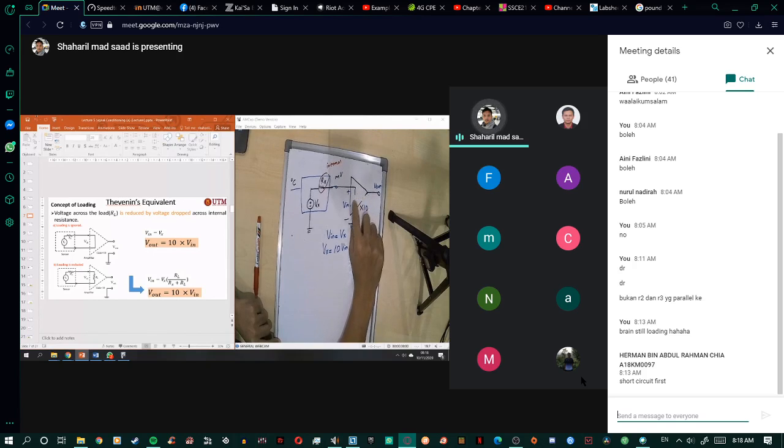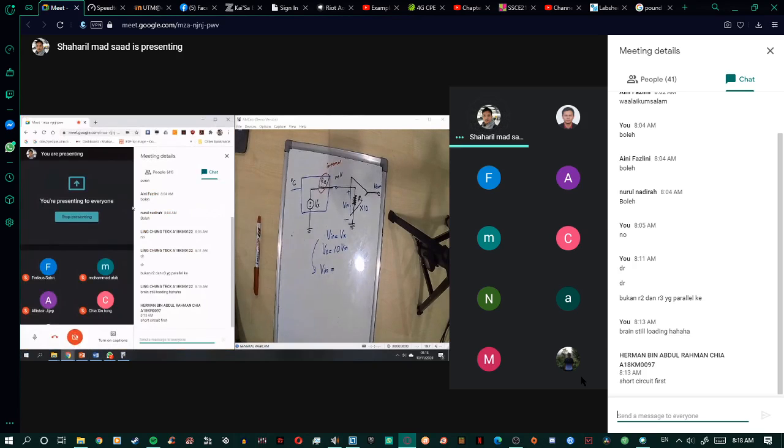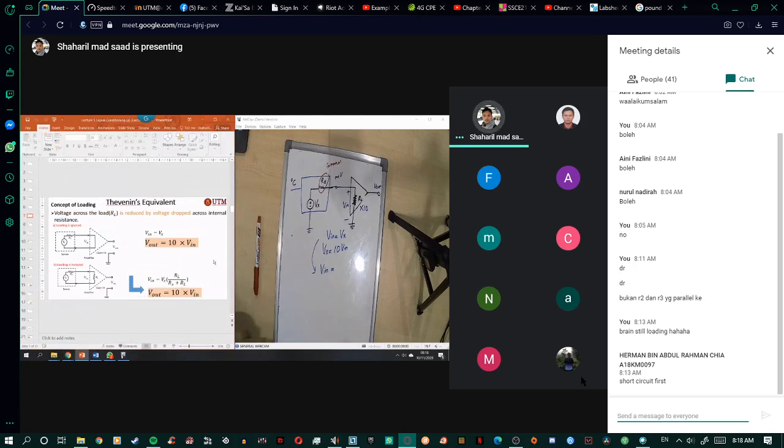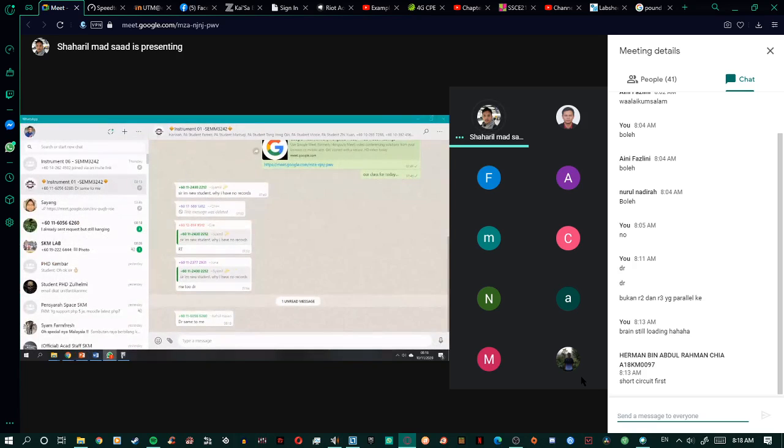Now, when you don't ignore the loading, that means the loading is included, so this one is RL. So the equation will be different. V in is equal to RL divided by Rx plus RL, times your Vx.